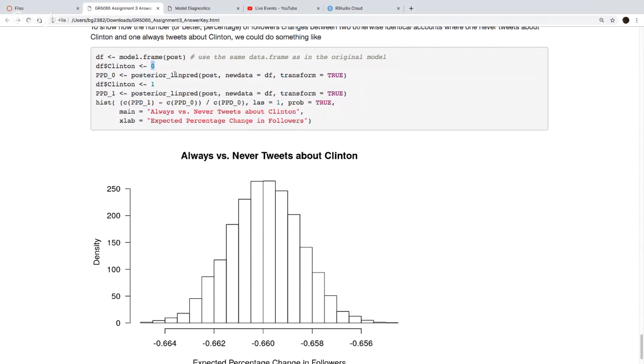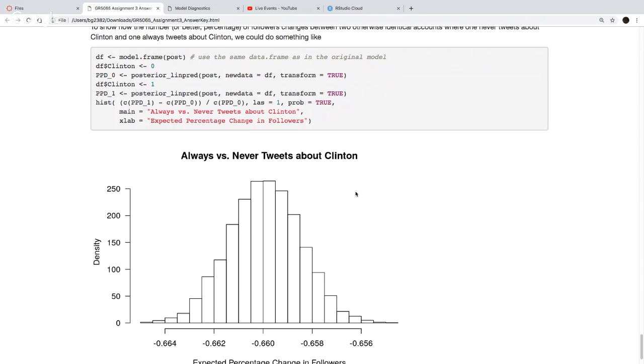What would its posterior expectation for the number of followers be, and then change that to be 1, which is to say all of their tweets are about Clinton, and find out what the prediction of the conditional mean would be in that case. Take a difference, or in this case I take a difference and divide by the baseline in order to put this in relative terms.